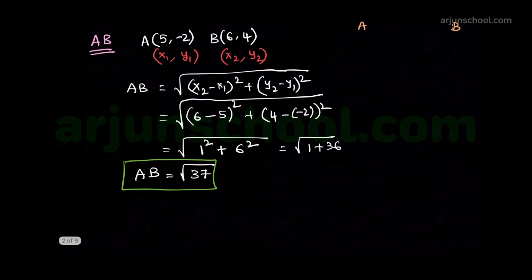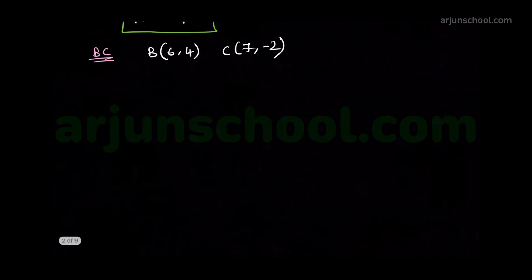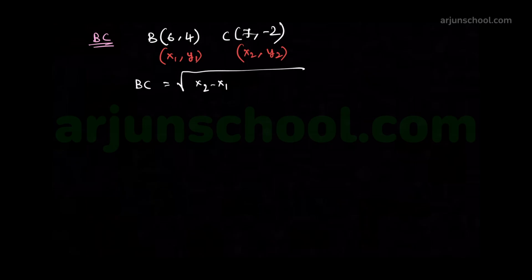Now let us find the distance between the vertices B and C. Length of the side BC. B is (6, 4) and C is (7, -2). (x1, y1) is (6, 4), (x2, y2) is (7, -2). The distance between these two points, BC, is equal to root over (x2 - x1) whole square plus (y2 - y1) whole square.